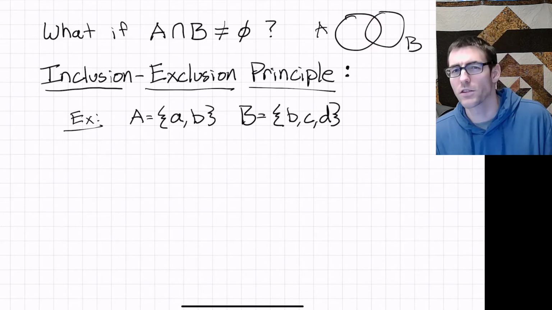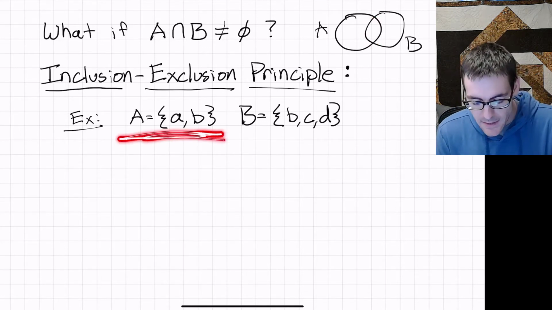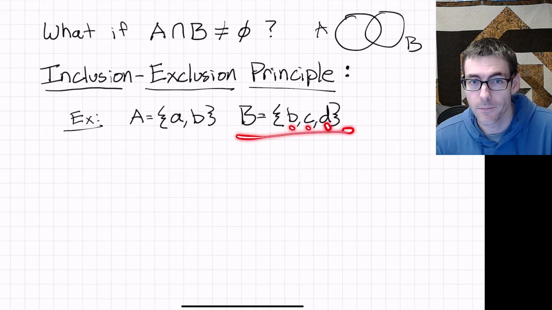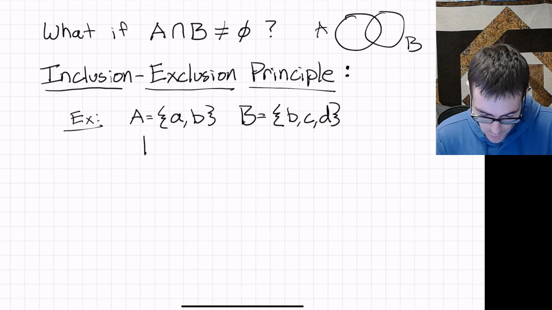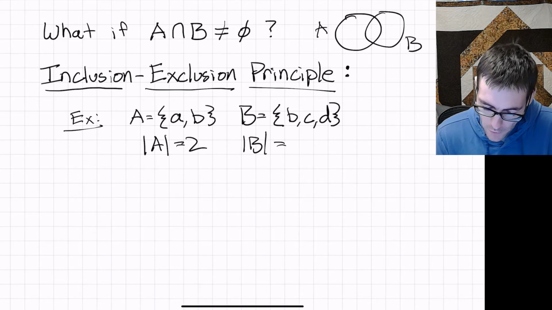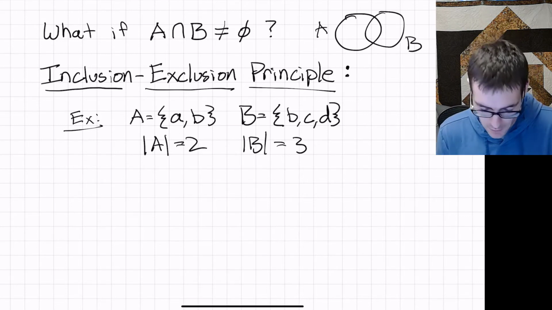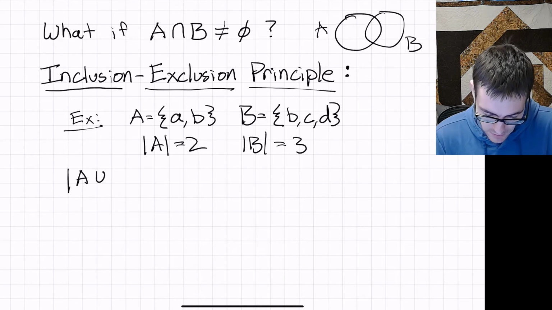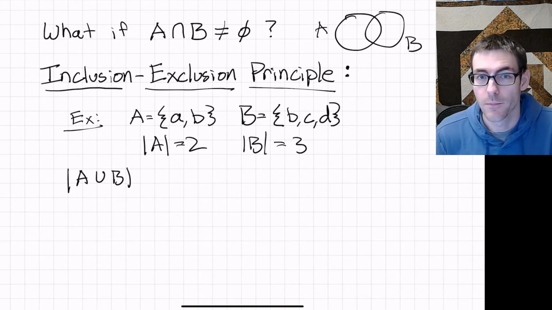All right, we're going to start off with an example. Let's say that A is just the set {a, b}, and B is the set {b, c, d}. I'm sure we can notice that the size of A, or the cardinality of A, is 2, while the cardinality of B is 3. So what is the cardinality of the union of A and B?